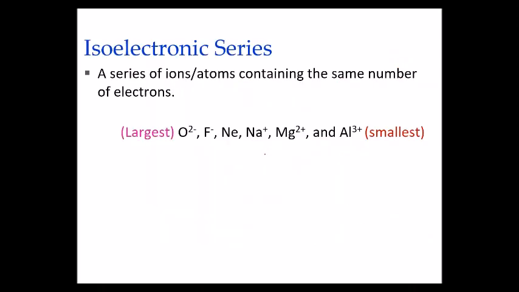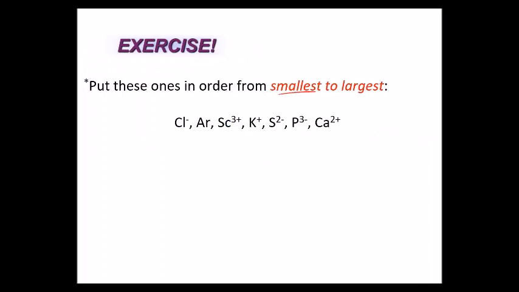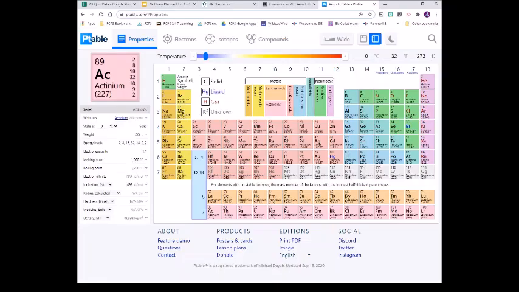Now, your turn to go ahead and try to arrange them, smallest to largest. This is between the third and fourth row, or third and fourth period. Let's take a look at the periodic table, and you can go ahead and start thinking about that. Now, which noble gas are we basing this set of series off of that we should look at and compare to?